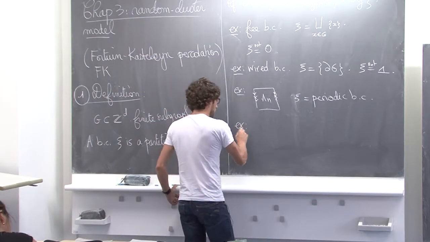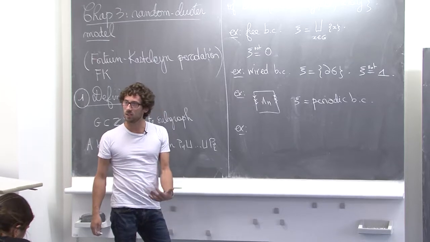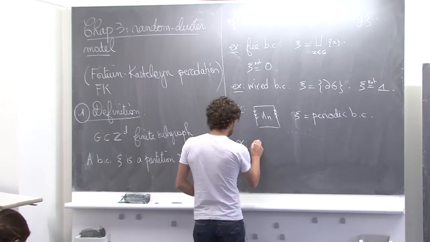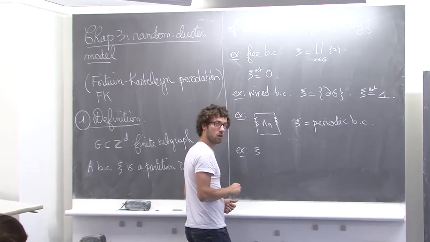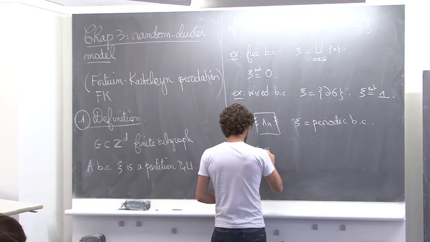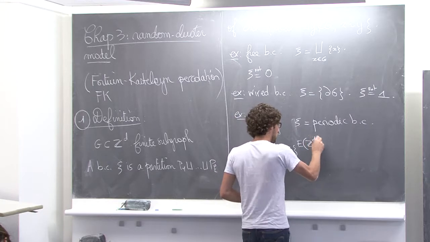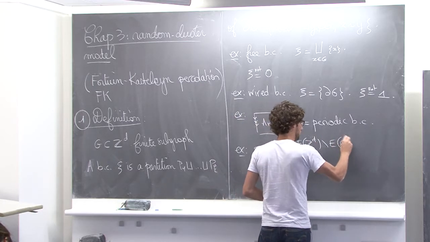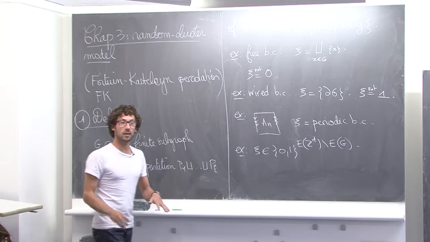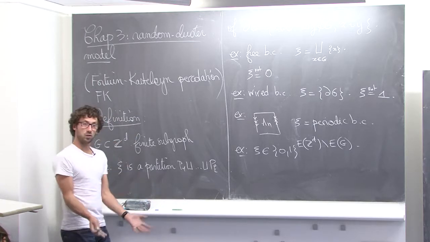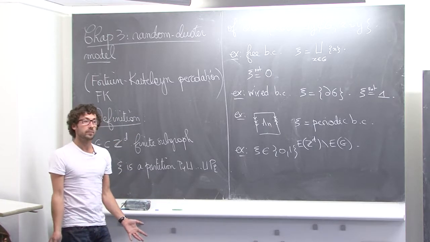Let me give you a last example, which is important. Imagine I give you psi, just a configuration in {0,1} on the edges of Z^d minus the edges of G. So I give you a percolation configuration outside my graph.